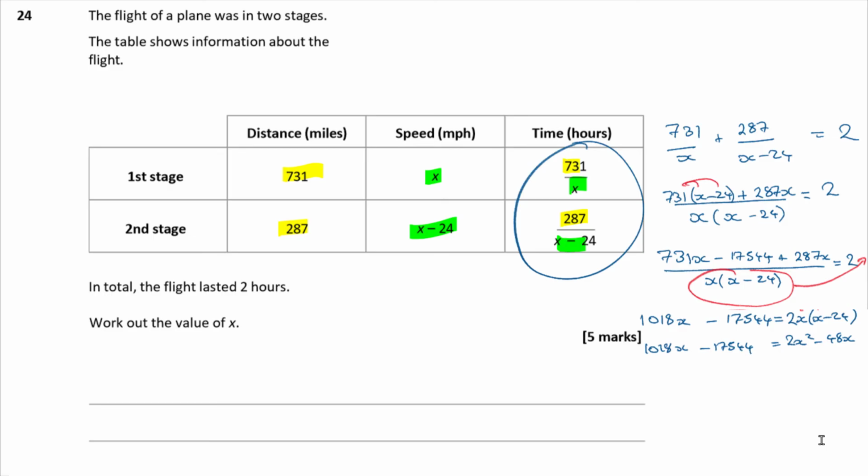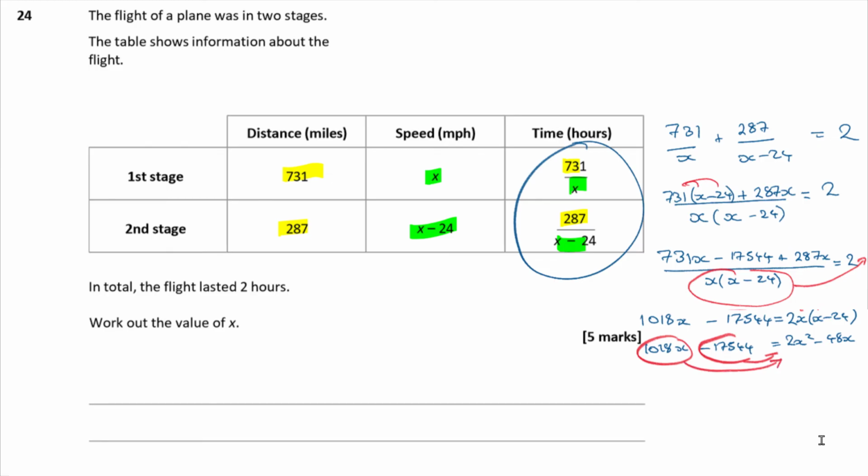Okay, now I want to try and get everything on one side, and it makes sense to collect it on the right hand side because that's where my 2x squared is positive. So I'm going to subtract 1018x. I'm going to add 17,544 to both sides. So these two things here are going to budge over to the other side, aren't they?